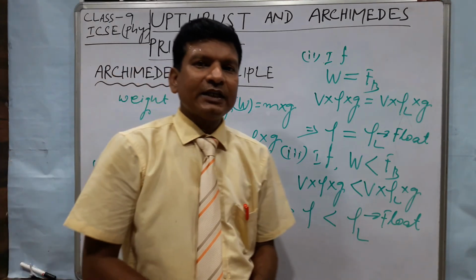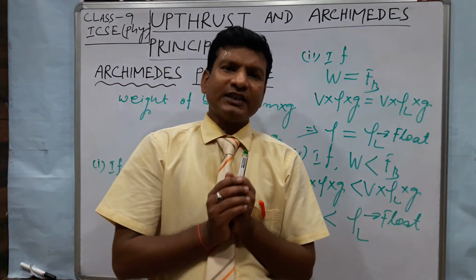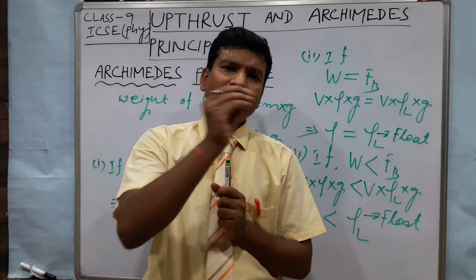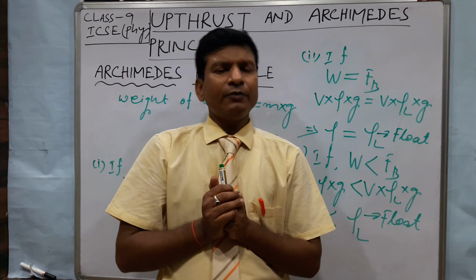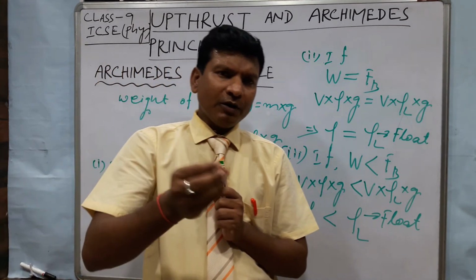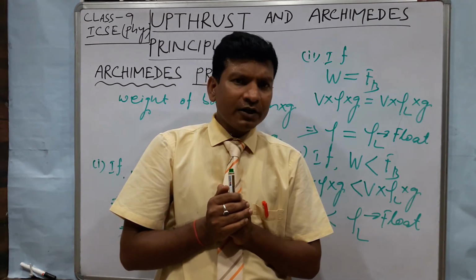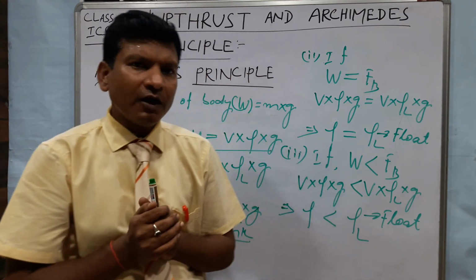Now, if I give one example, you will understand it nicely. Suppose we bring two bodies of the same mass. Say one body is made up of iron, another body is made up of cork. Now, when both the bodies are kept in water or immersed in water, then what happens? If both the bodies are left on the surface of water, you find that the iron will sink and the cork will float on the surface of the water.